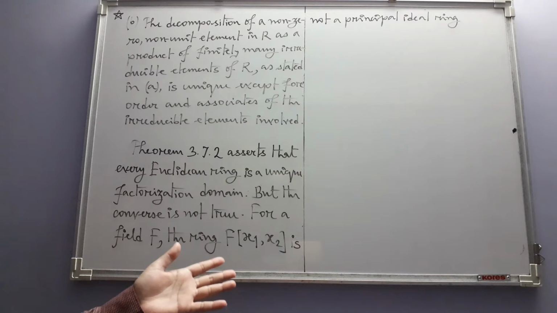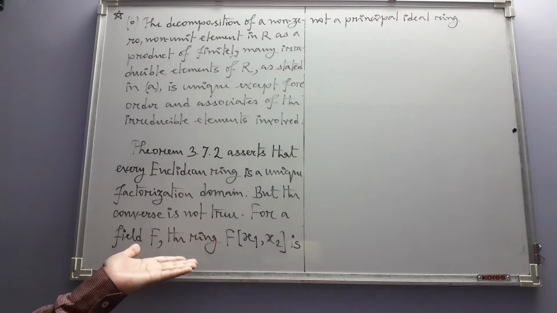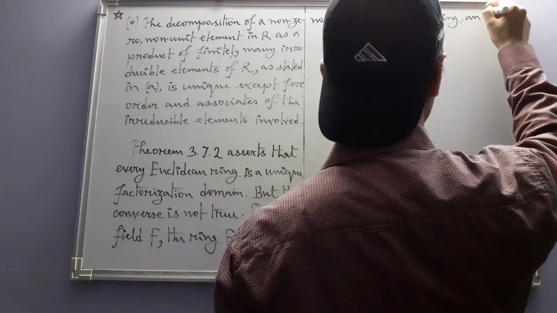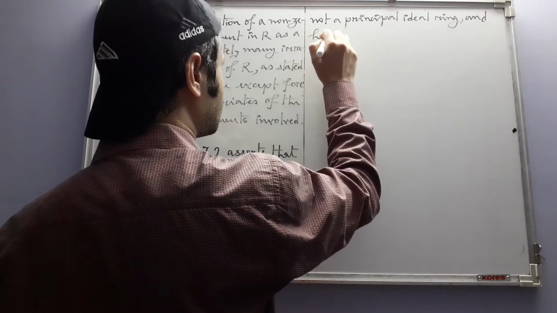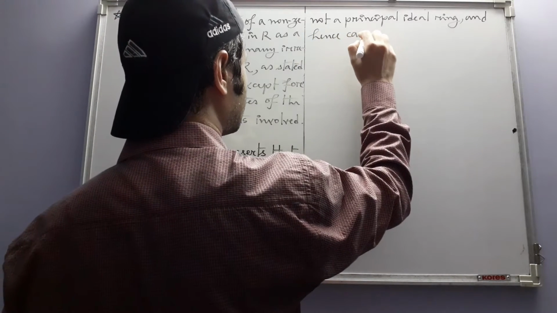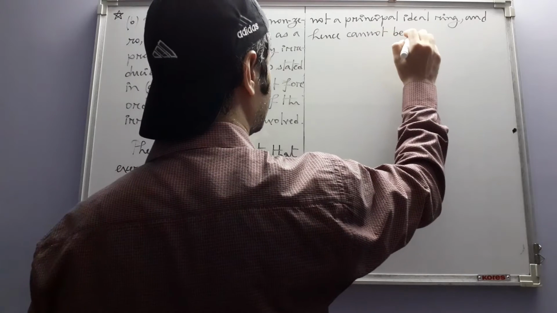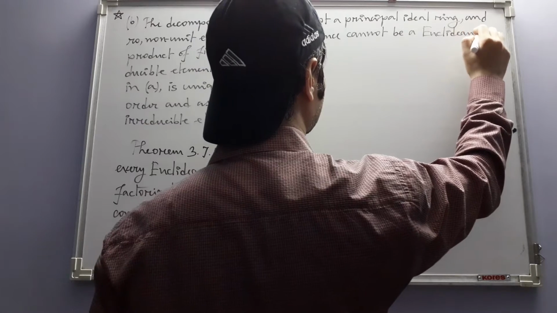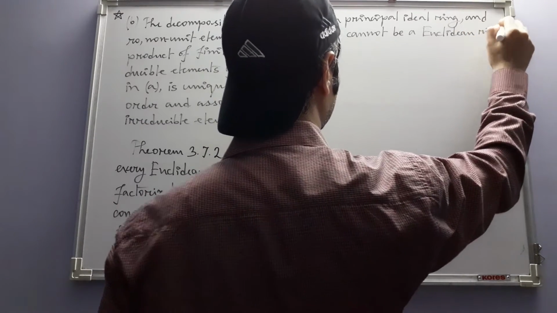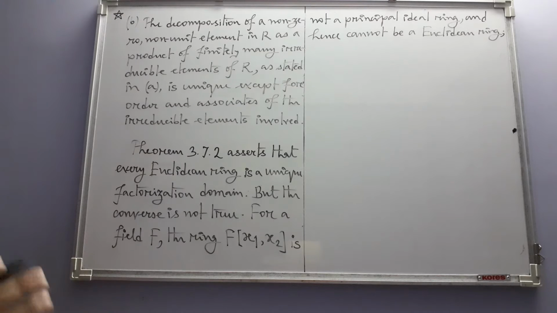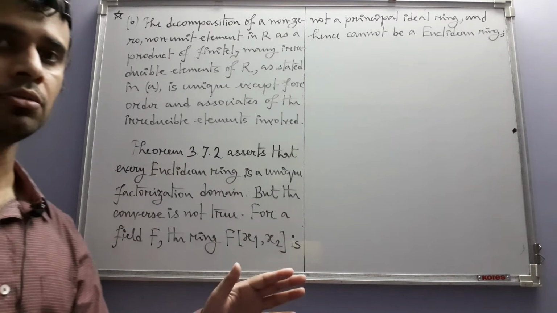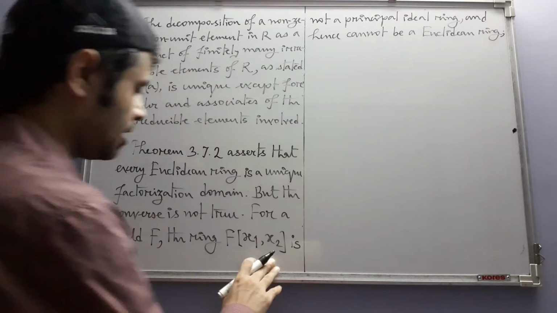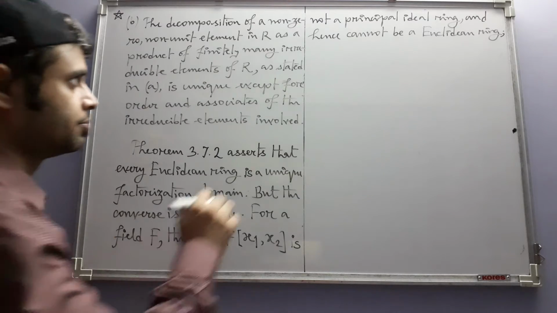There exist ideals which are not generated by a single polynomial, and hence this cannot be a Euclidean ring, because we have seen in the theory of Euclidean rings that every Euclidean ring is a principal ideal ring. So since it's not a principal ideal ring, this cannot be a Euclidean ring.